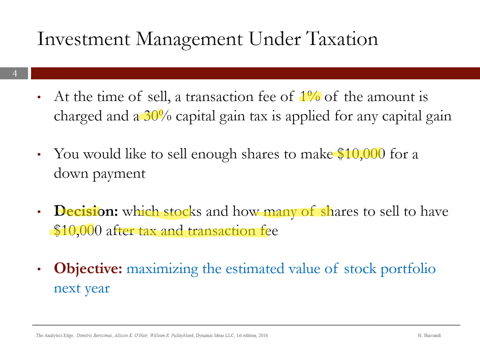And our objective is maximizing the estimated value of the stock portfolio next year. So our objective here is maintaining a strong portfolio for next year based on the price estimates, and our decision is which stocks and how many shares of the stocks to sell to get the $10,000 that we need now. Okay.